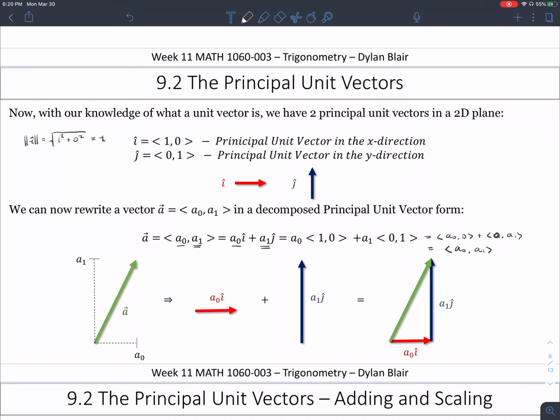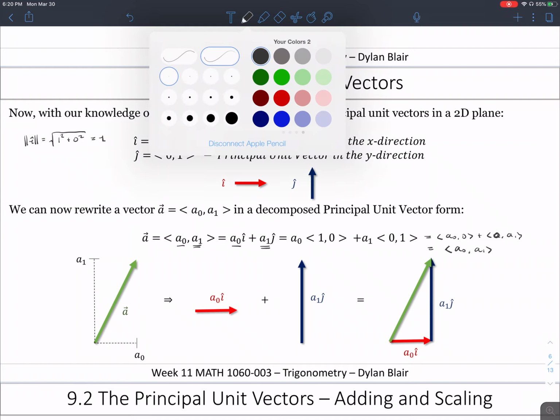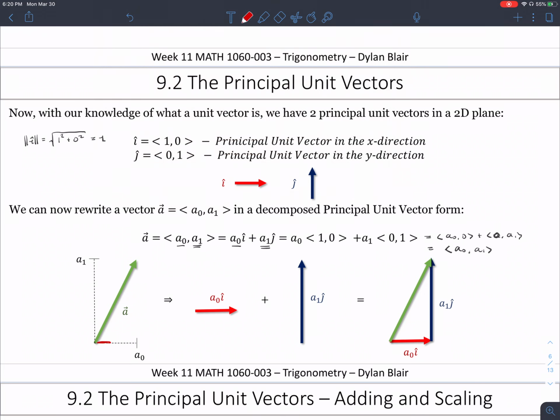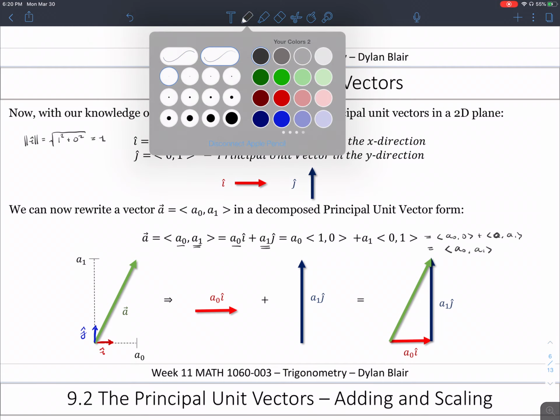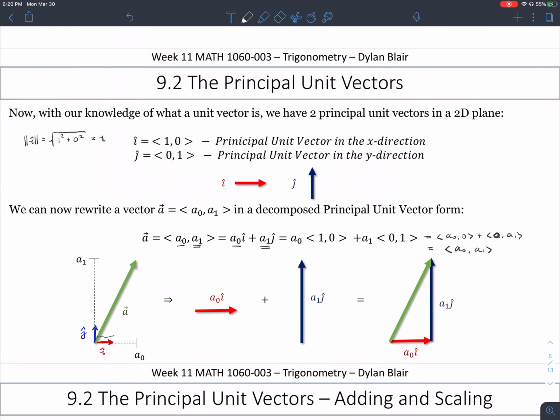Okay. So now that's basically all we did here. If this is our principal unit vector down here for i, and this is our principal unit vector right here for j, we can scale this i by A naught so that we get this result, and we can scale this one by A1 so that we get this result.